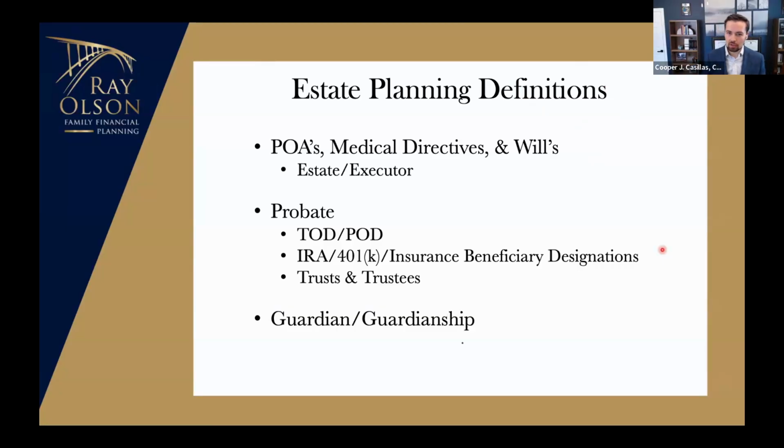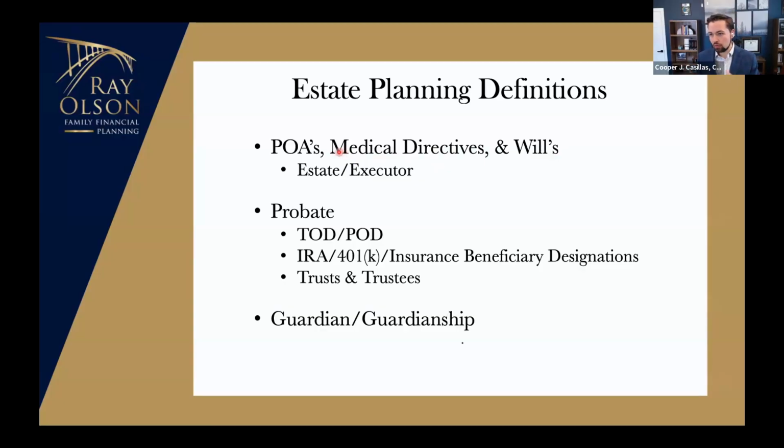So you get started by establishing your POAs, your medical directives, your wills. Most people on this call should know what these documents are, but your POA covers more financial and legal decisions, right? So you designate a trusted individual, could be family, friend, or anyone else, that you would trust to make decisions for you if you can't make them for yourself.